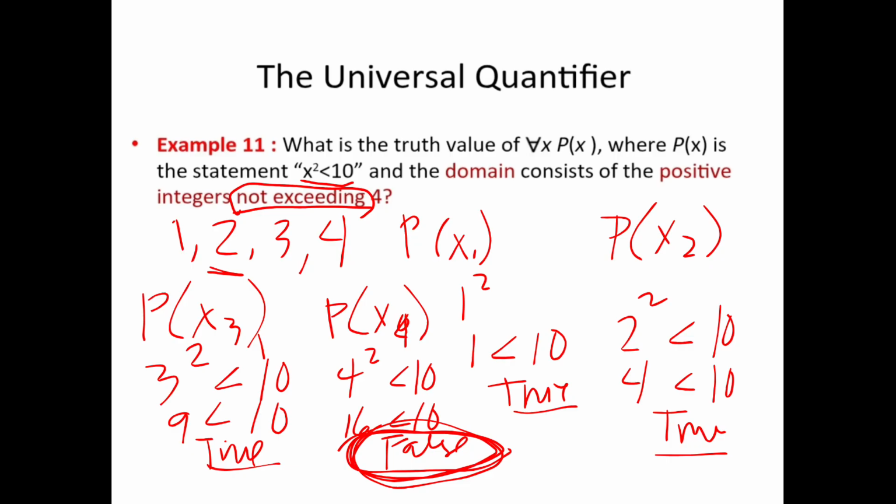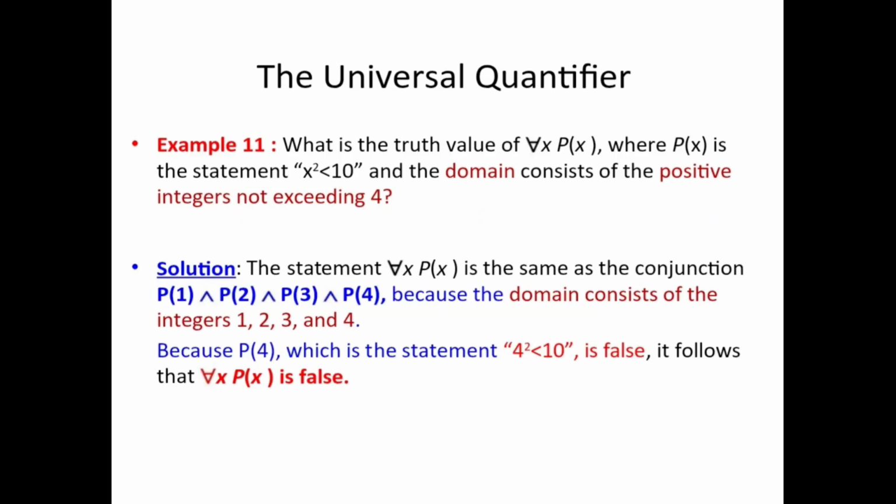So, therefore, based on the given statement, for all x of p of x is the same as the conjunction P1, P2, P3, and P4 because the domain consists of the integers 1, 2, 3, and 4 because dili mo exceed sa 4.